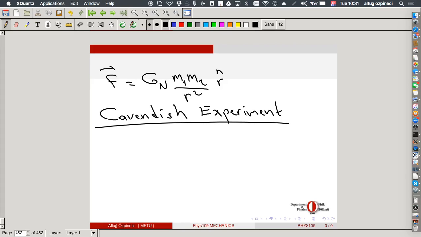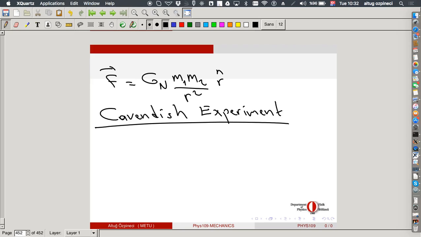So if you take a huge amount of mass, like a planet or the sun or a galaxy, the gravitational force is the only force that influences how it behaves. All the other forces become negligible because they cancel each other, but the gravitational force always adds up. That's why at the scale of galaxies and the universe, it's only the gravitational force that is relevant. It's the gravitational force that formed our universe and will determine what will happen to it, not the other forces. Now, how do we measure the gravitational force?